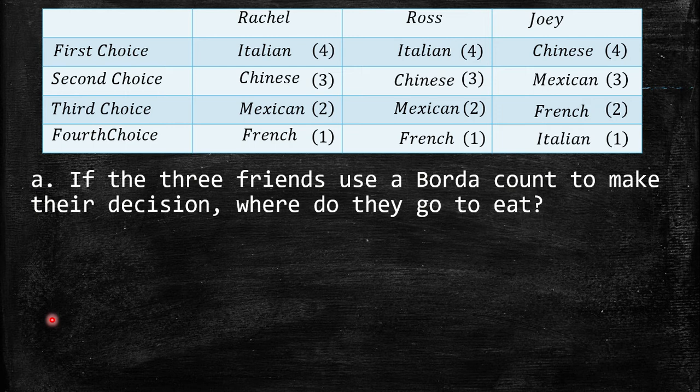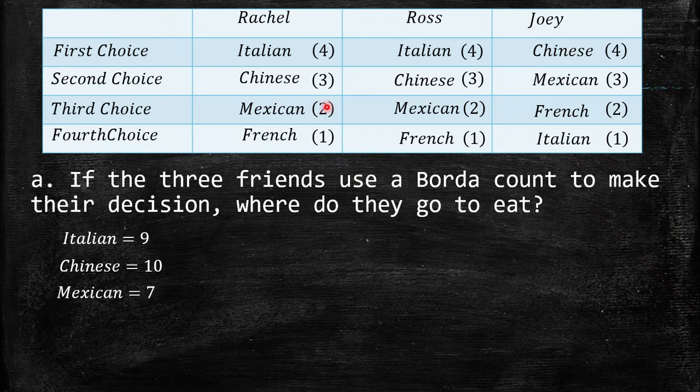Then we sum up the points for each restaurant. Italian is 9. Why? 4 plus 4 plus 1, then we end with 9. Chinese: 3, 3, 4, 10.